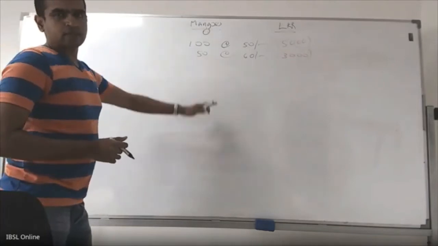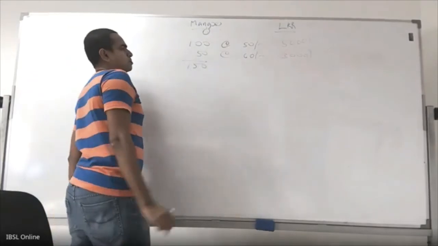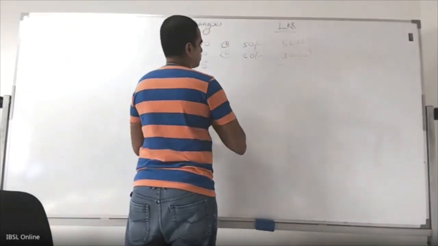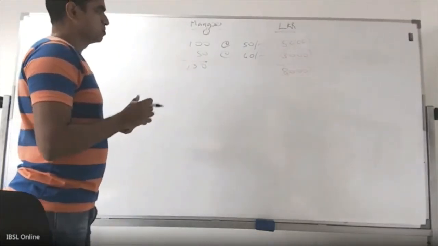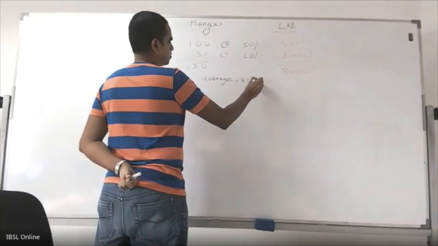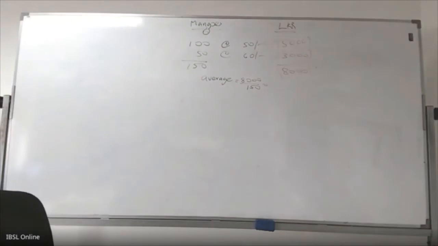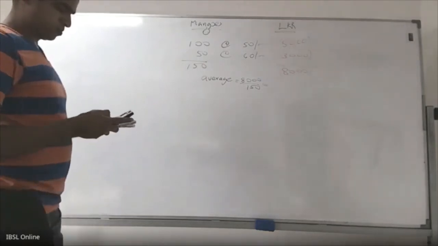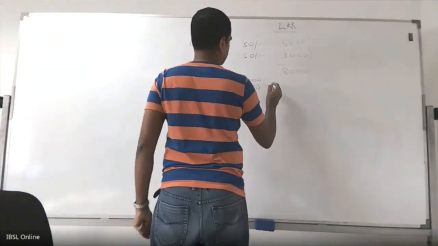Now during the entire day, if nothing else happened, then you will be left with 150 mangoes, which you have purchased at a total cost of 8,000 bucks. So your average cost comes to 8,000 divided by 150, $53.33.